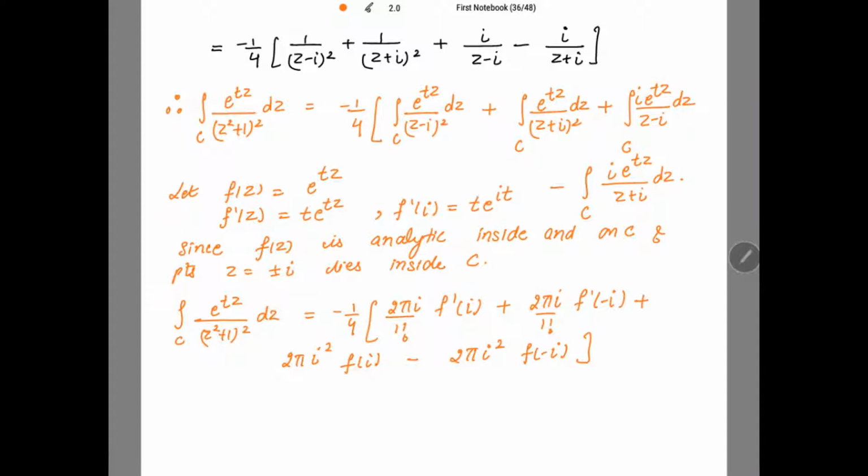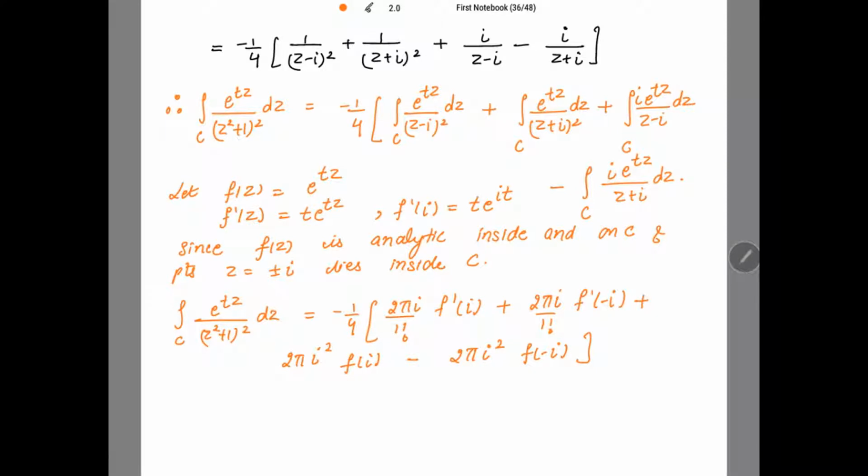Fine. Now since f(z) is analytic inside and on C, and the points z equal to plus minus iota lie inside C, this expression is equal to, using Cauchy's integral formula, for the first term, minus 1 by 4 times 2 pi iota f dash iota over 1 factorial.